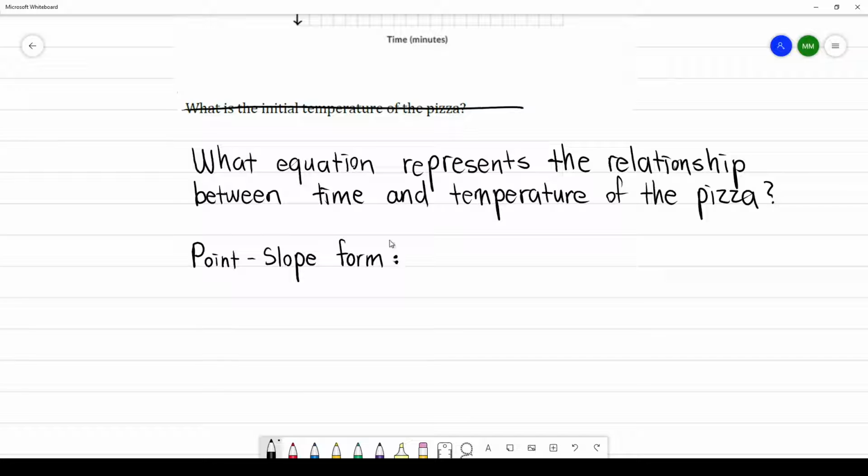If anyone still remembers point slope form, it is y minus the y coordinate of a point, divided by x minus the x coordinate of a point, is equal to the slope. Or how I usually wrote it was like this. But they essentially mean the same thing. So these are interchangeable.